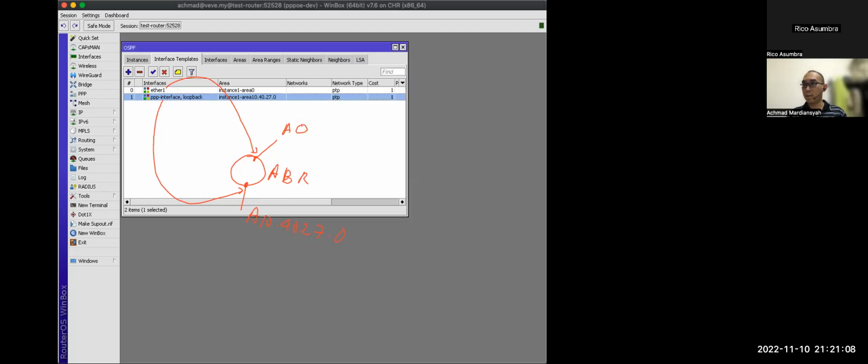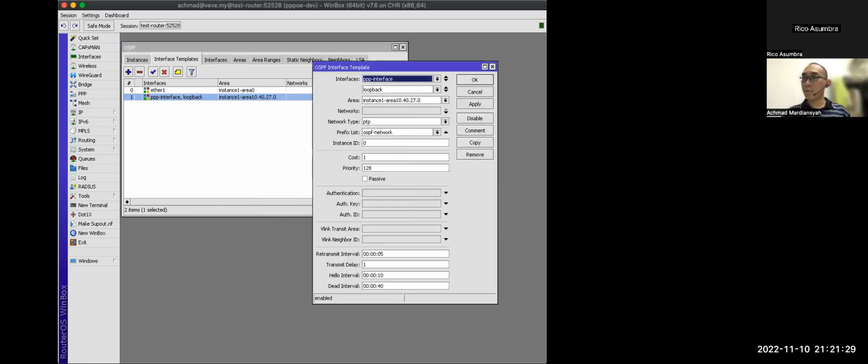I think in version 7, I already got used to the settings here. And with the template, it is easier to define the settings, because you can define more than one interface. Sometimes in version 6, if you have more than one IP address on one interface, MikroTik only defines one of the IP addresses for the link, and that's not good.